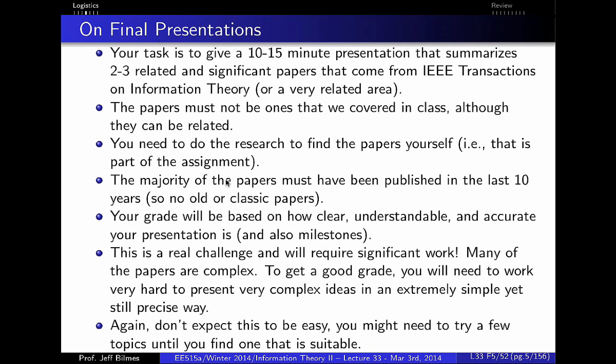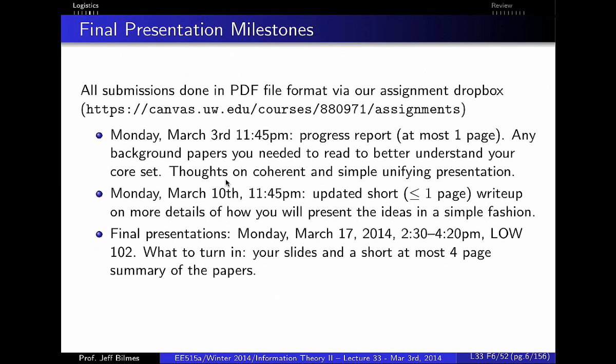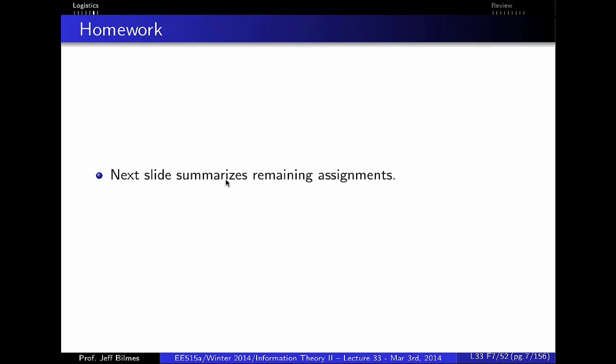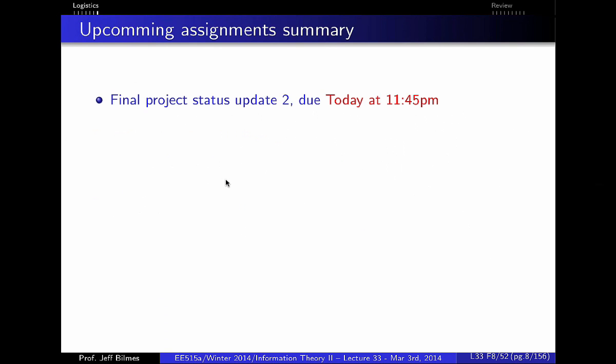This is the final presentations. We have a deadline tonight, which is March 3rd. We have several more deadlines with regard to your own final presentations: one tonight at 11:45 p.m., one Monday, March 10th, and then the final presentations are 2 weeks from today from 2:30 to 4:30 in this room. We actually have a lot of assignments now due.